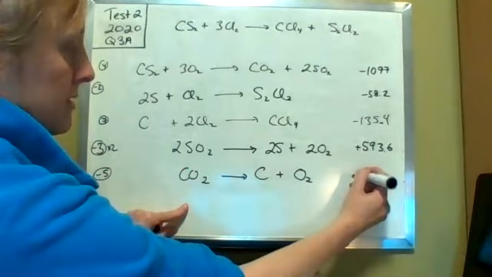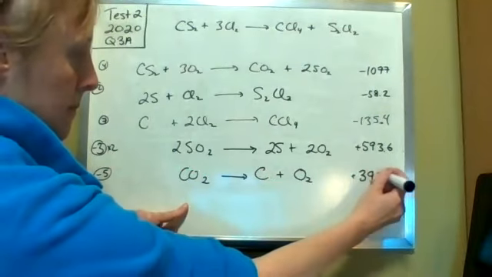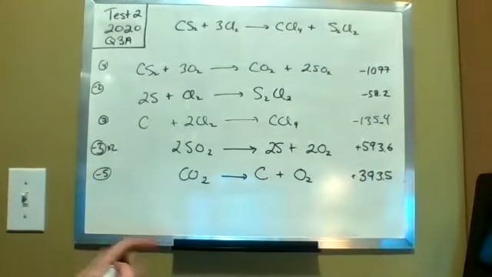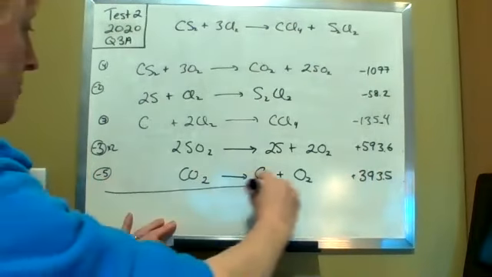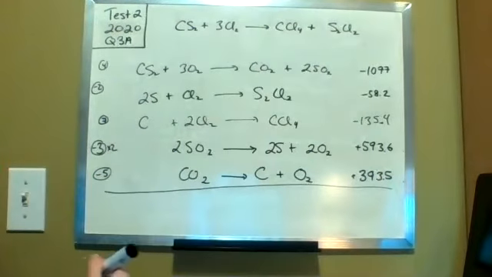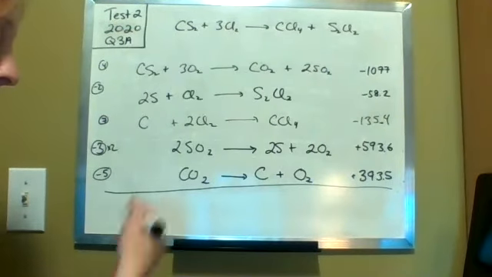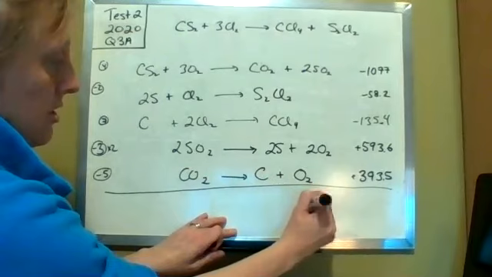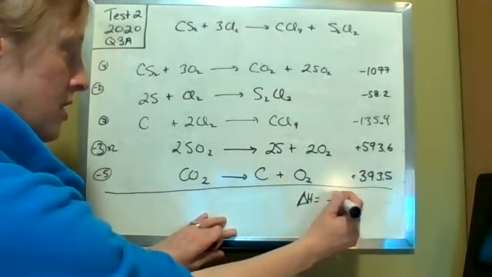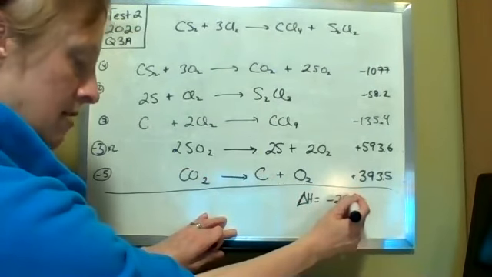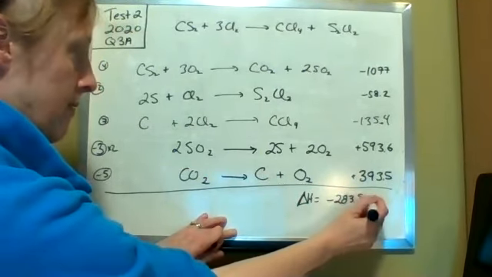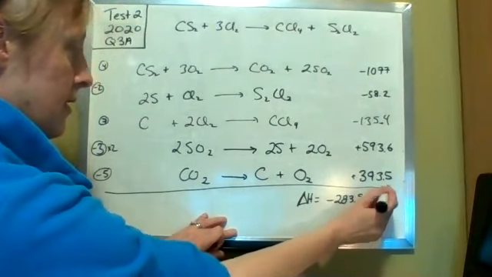And all you're going to have to do is flip the sign for this one. Okay. So hopefully we're at the stage now where we can go through, cancel out everything besides what we want. You should end up with the proper reaction in the end. And your delta H, after adding everything up, is minus 283.5 kilojoules.